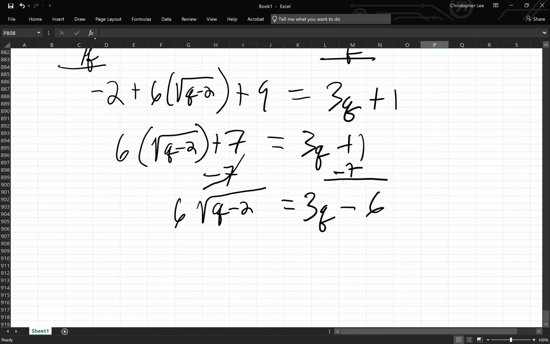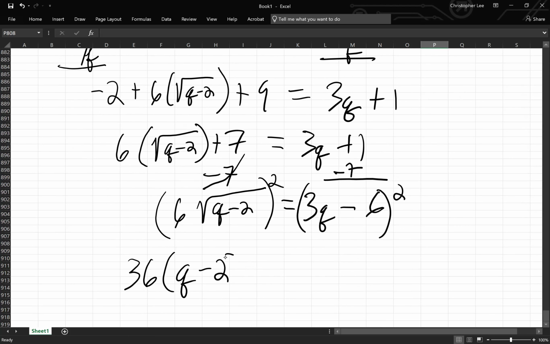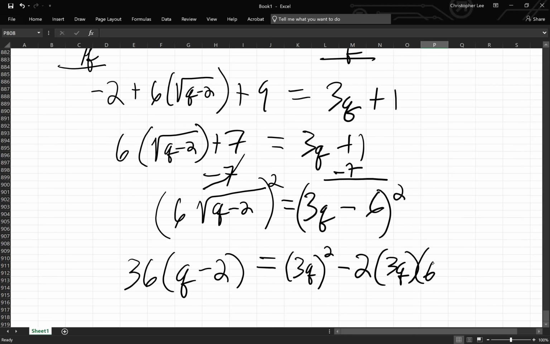So now you can either square both sides or you could divide by 6 on both sides. I'm going to square both sides just because that's what they want us to do. So I'm going to square here to get rid of the radical. So now what do I have? I have 36 times the q minus 2 is equal to, oh boy, what's this? 3q squared minus 2 times 3q times 6 plus 6 squared.